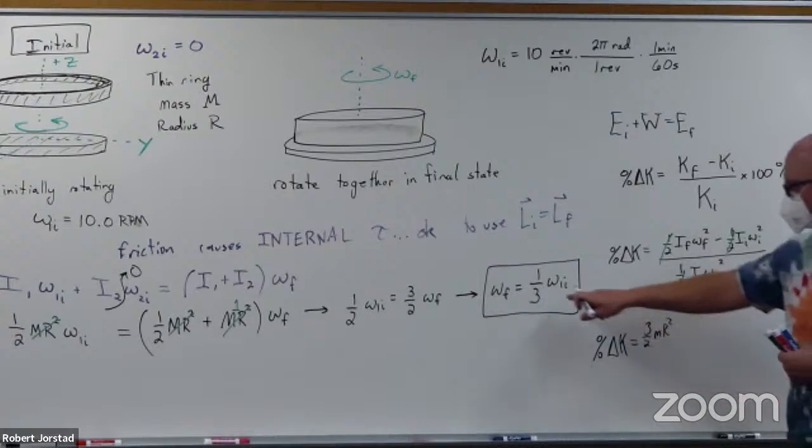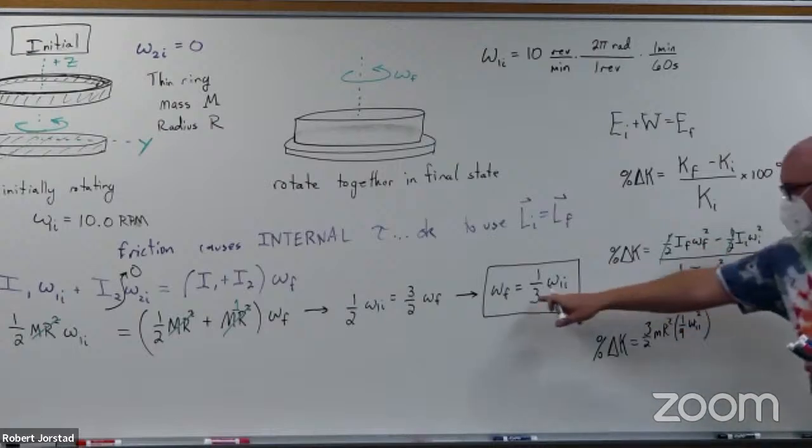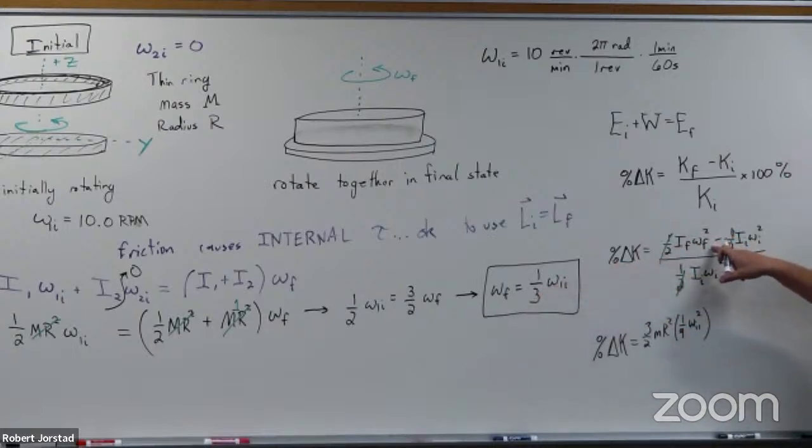Omega final squared is going to be 1/9 omega initial squared. Take a second. Omega final squared is 1/9 omega initial squared, minus 1/2 mr squared times omega initial squared.